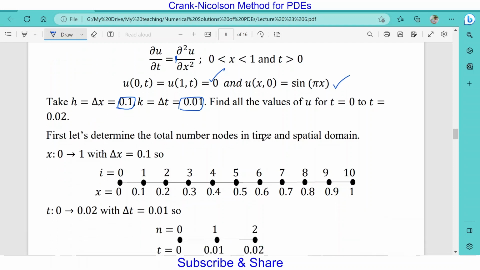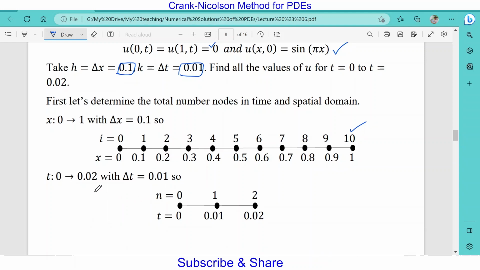First, let's determine the total number of nodes in the time and spatial domain. As you can see, in x from 0 to 1 with step size 0.1, we will have a total of 11 nodes. So I'm starting from i equal to 0, and here it will reach 10. And for time nodes, we will start from n equal to 0.